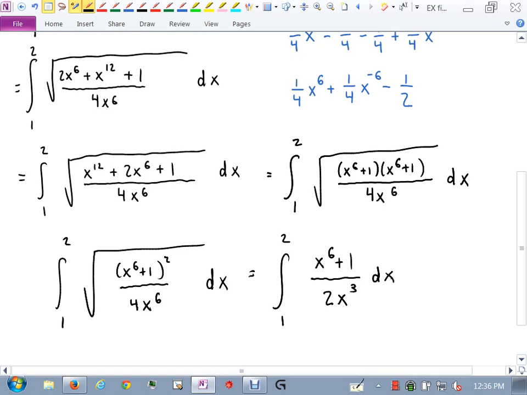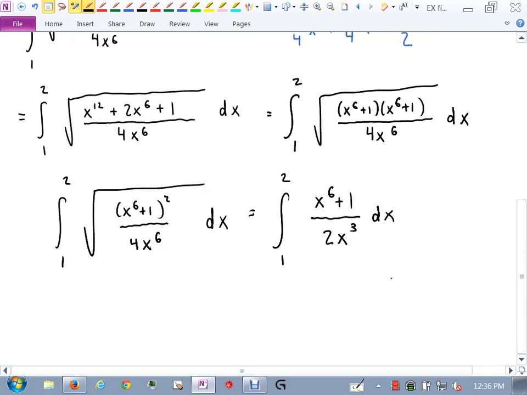Now we're talking. Because this right here can just be split up into 2 fractions, couldn't it? X to the 6th over this, 1 over this. And those are both powers of x. And now it's a pretty clean integration. What's x to the 6th over 2x cubed?